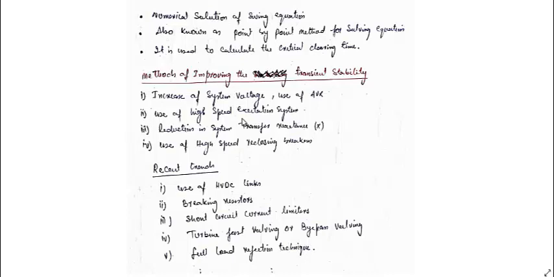So use of high speed excitation systems are used to improve the transient stability, not steady state stability, because when excitation systems are very fast, they can improve the voltage. During the fault the voltage falls down, so when we use the fast excitation system, they can increase the voltage, so that again the value of the Pmax will increase, and it results in an increase in the area.